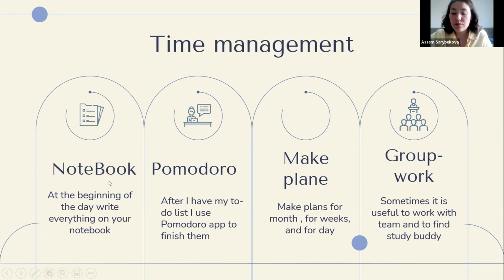I write down everything for the whole day, all the tasks that I need to finish in one day. And then I start working with Pomodoro. I guess everyone here knows about this app. This is 20 minutes of focused work, and then 5 minutes when you can relax.